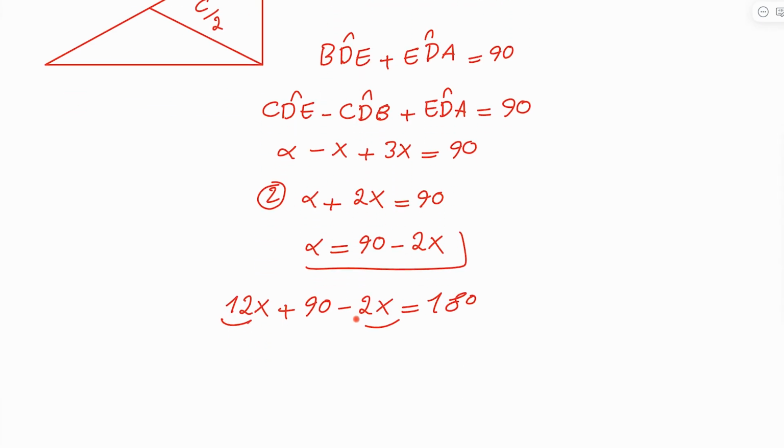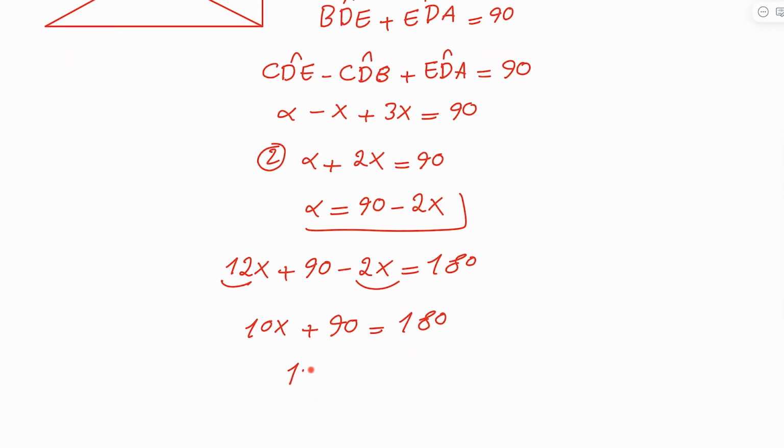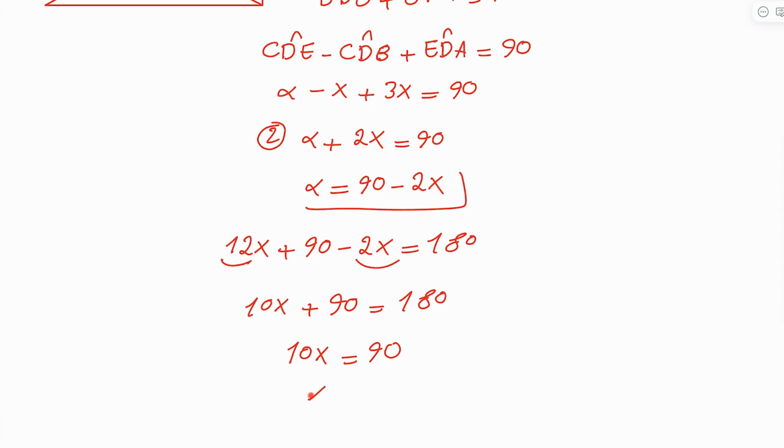If we simplify this, we get 10x plus 90 is equal to 180. If we subtract 90 from both sides, we'll get 10x is equal to 90. And if we divide both sides by 10, we'll get x is equal to 9.